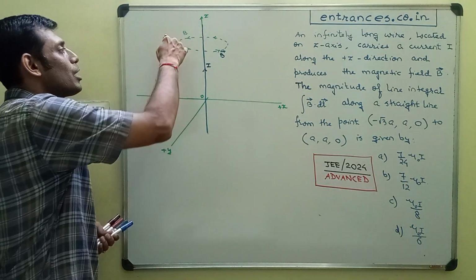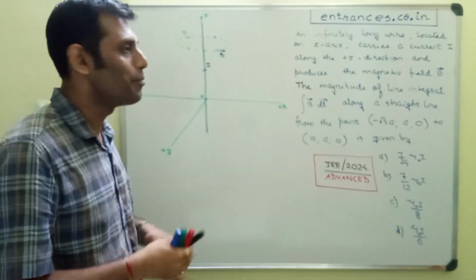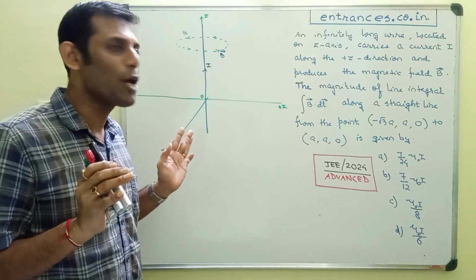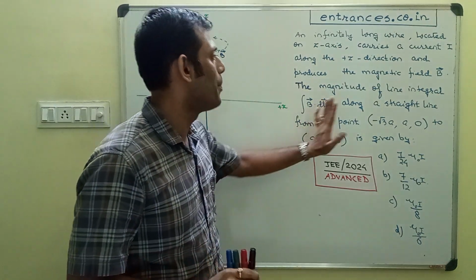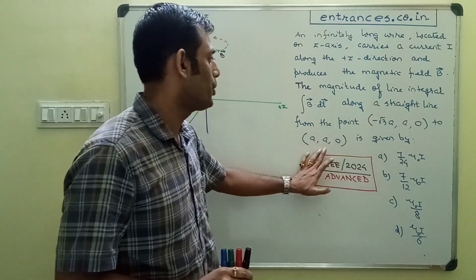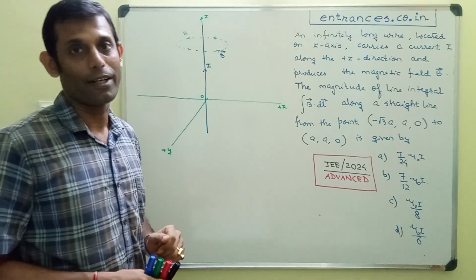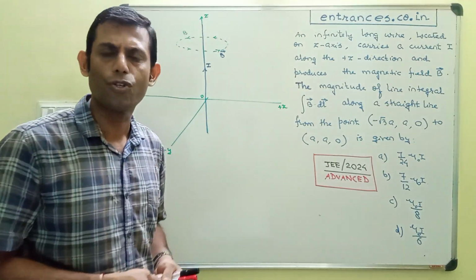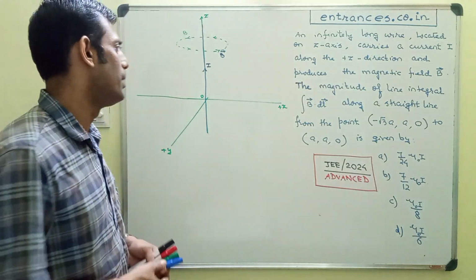The circular path of the magnetic field is completely escaped from this question, and the question is in fact asking you about a straight line path from a certain point to another, and the integral of B dot dl is to be targeted. It reminds us of Ampere's law, but it's not useful here. It's not a bounded path, so Ampere's law is not applicable.